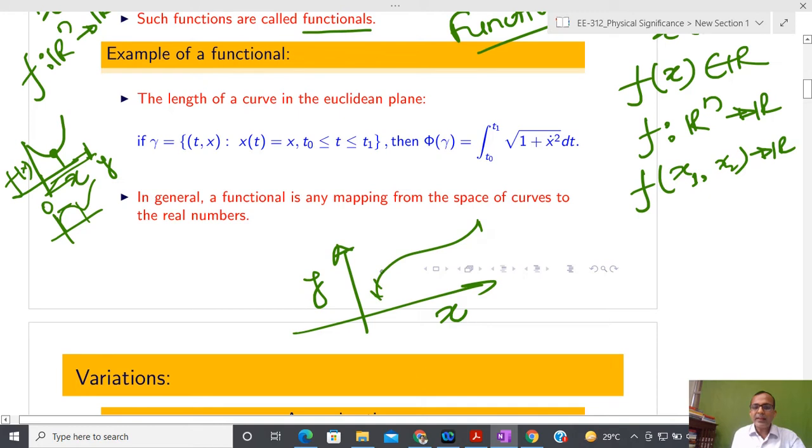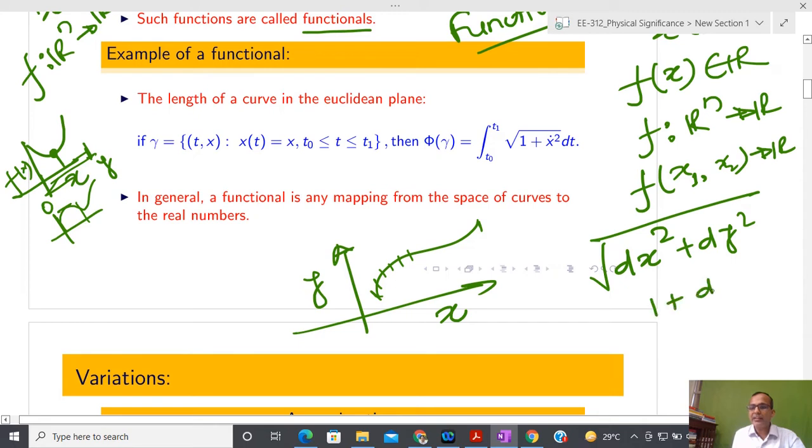What you can do, you can take the piecewise curve, and after that you can integrate over all the length, from here to here. So if you consider a very small length, at that time the length I can write like this, the square root of dx^2 plus dy^2. Now I will take dx^2 common and then I can write (dy/dx)^2 inside, and after that I can take dx out.